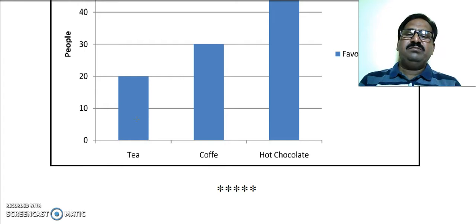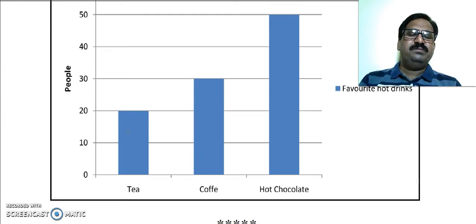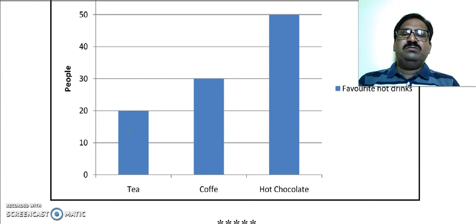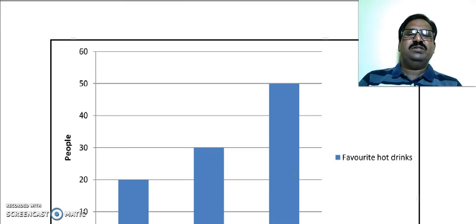Minimum people enjoy tea rather than hot chocolate or coffee. Maximum people prefer hot chocolate. So the average, that is 30% of people, prefer coffee rather than tea or hot chocolate.